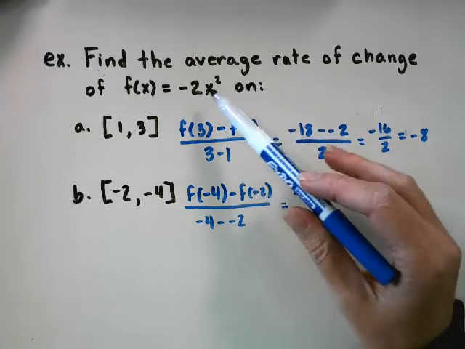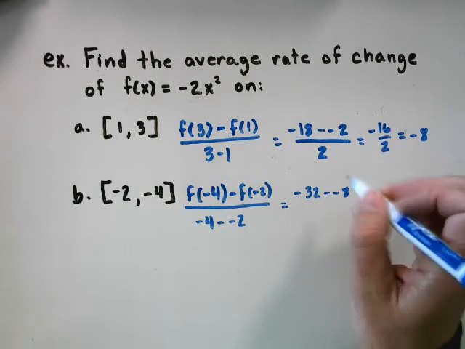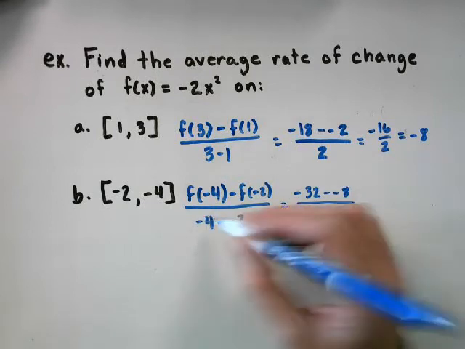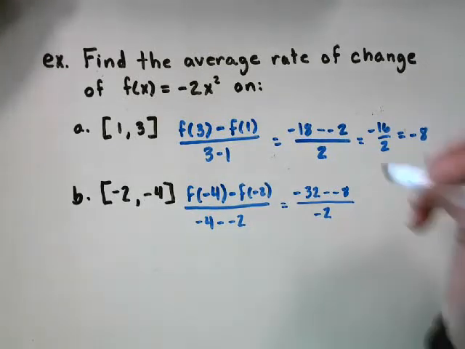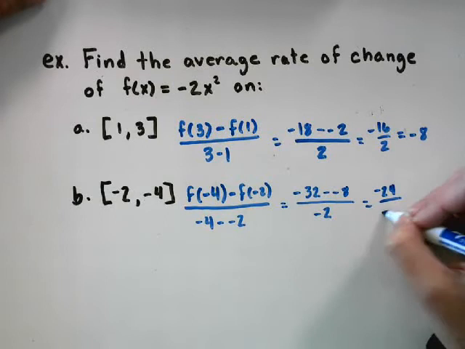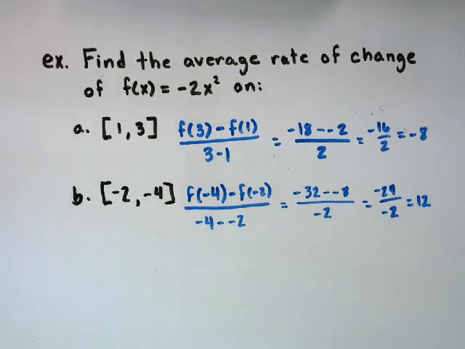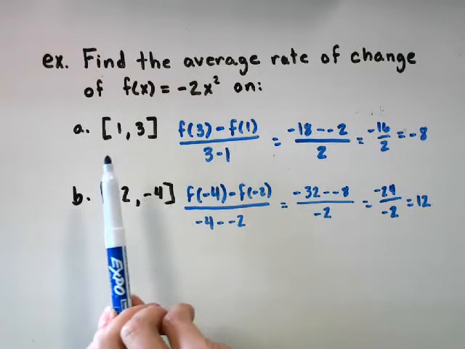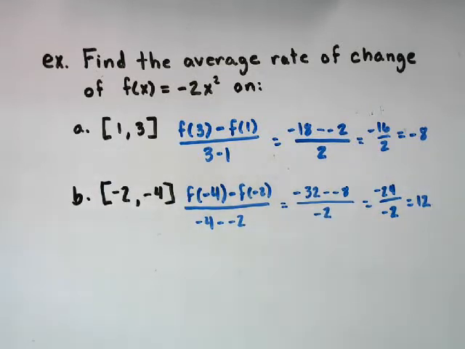And then f of negative 2 is going to be 4 times negative 2, so minus a negative 8 over negative 4 minus negative 2 is negative 2. So here we're going to get a negative 24 over a negative 2, which is a positive 12. So the order of the points doesn't matter, so really this would probably more likely be negative 4 to 2, but you get the same answer.